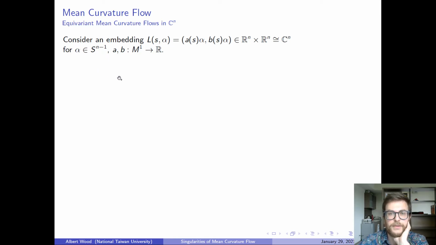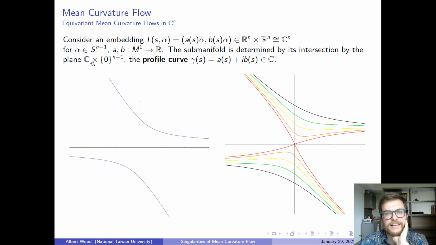So this can be thought of as a curve in C, A(s) plus iB(s), and then you take this and rotate it with an SO(n) action in C^n.